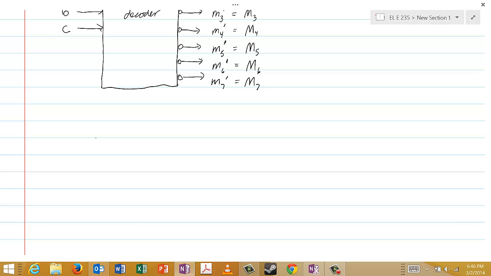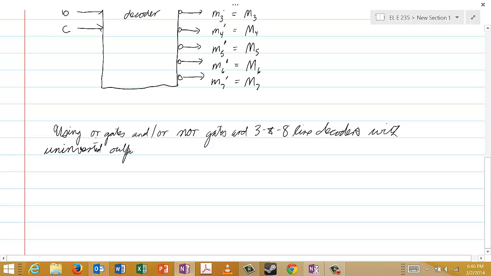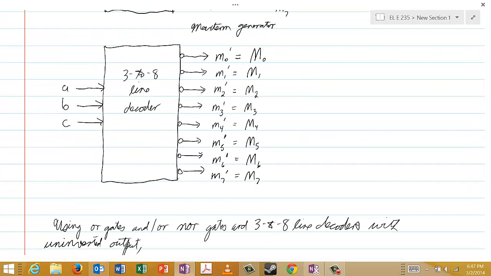Let's say using OR gates and or NOR gates and 3 to 8 line decoders with uninverted output, in other words, we're talking here about the first type of decoder, which is a min-term generator rather than max-term generator.